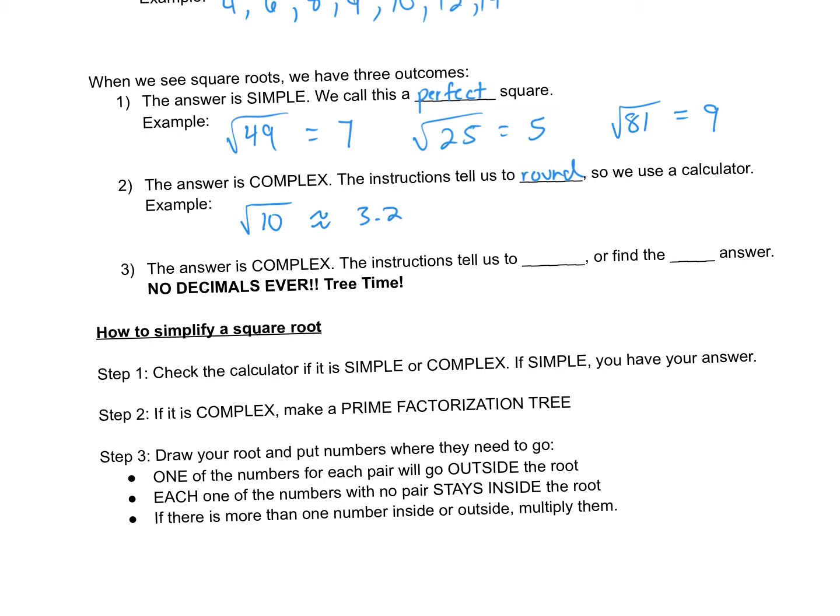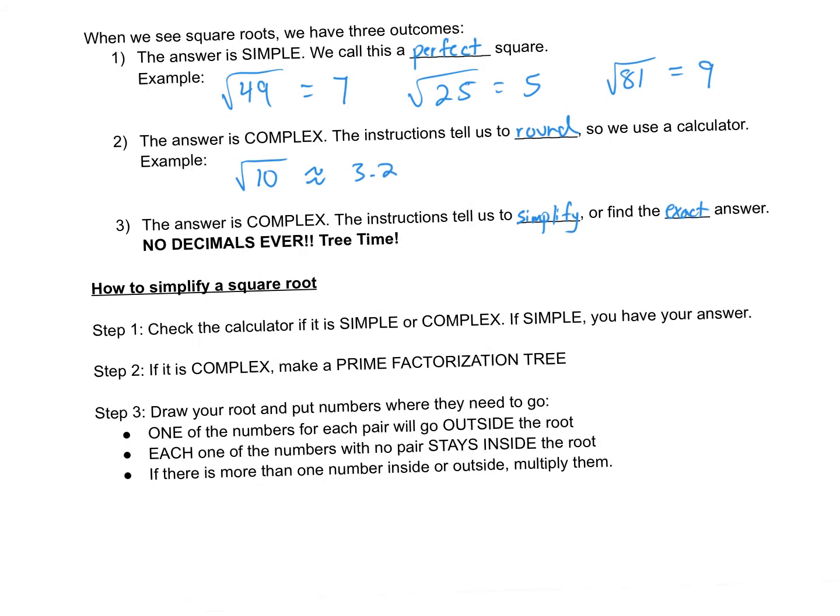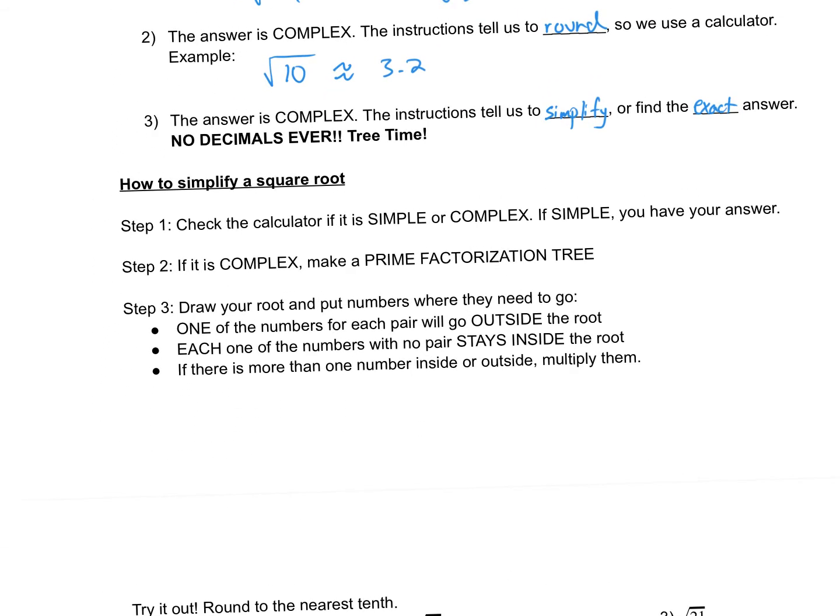However, if the instructions tell us to simplify or find the exact answer, no decimals, we break it down using the tree. We'll go over that in a little bit.